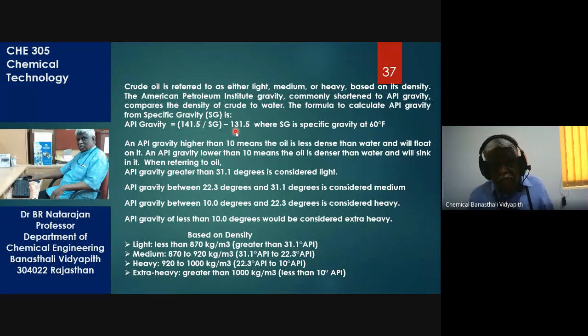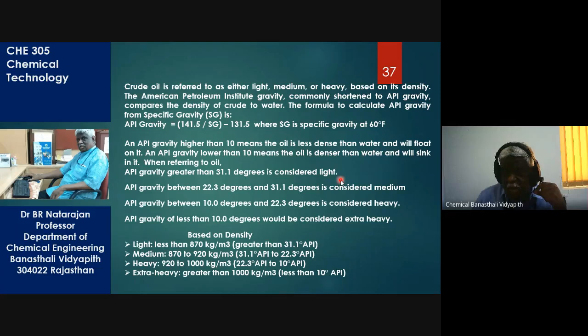It is a very special measure for crude oil, where Sg is the specific gravity at 60 degrees F. When this value of API is more than 31.1, it is called light crude. When the API value is 22.3 to 31.1, it is medium crude. When it is between 10 and 22.3, it is heavy crude. And when it is less than 10, it is extra heavy.